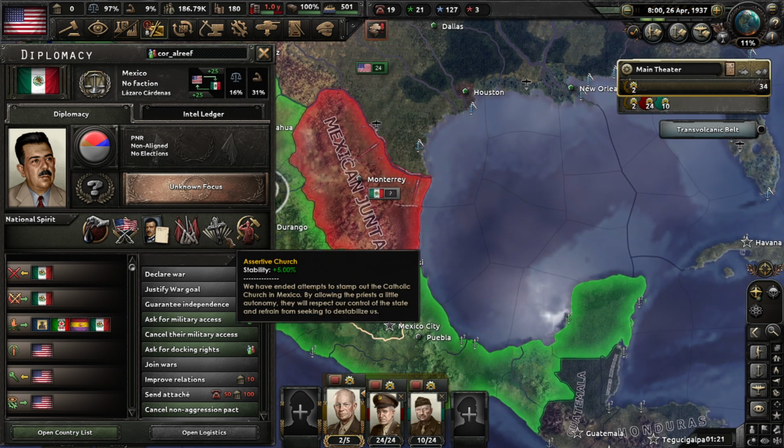But I'm not sure. I've seen the Cristero Rebellion happen, but I've never actually watched the AI experience it closely enough to know exactly which ideology it's drawing from, or if it is a procedural civil war, it could be that it's actually specific states as well.